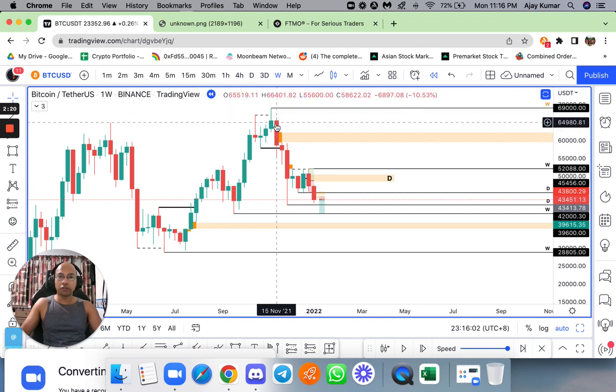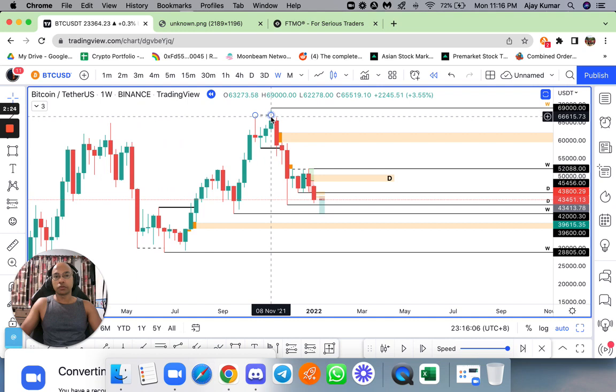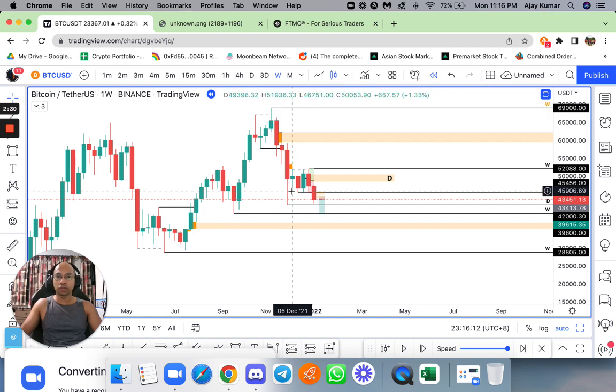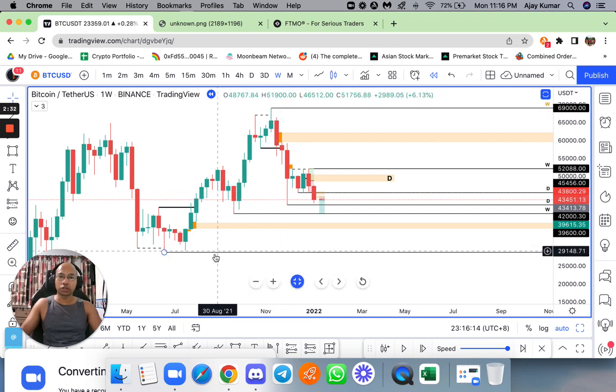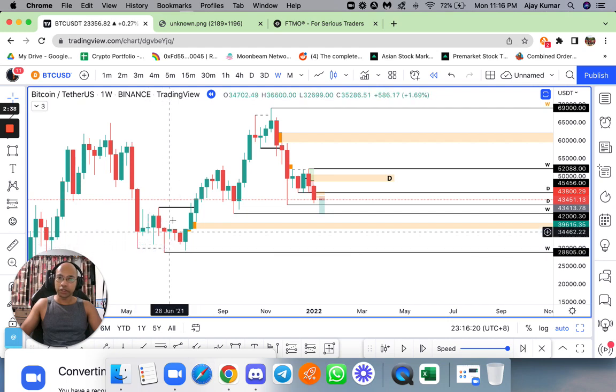And then after that, it immediately dumped. You will see this quite often, a wick clearing another wick and taking out the liquidity above it and then just dumping. Or you can see the opposite also, a wick clearing the liquidity below it and then going further up.